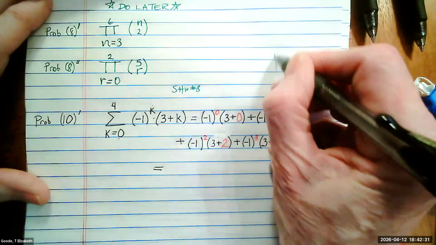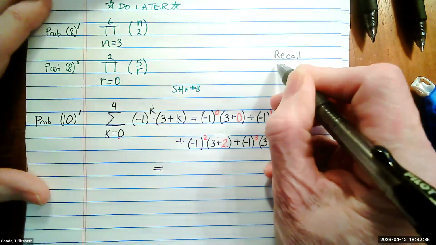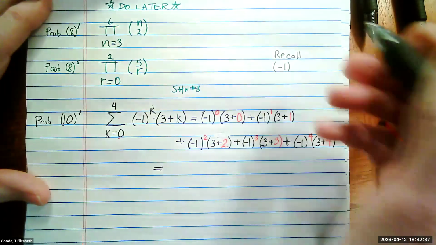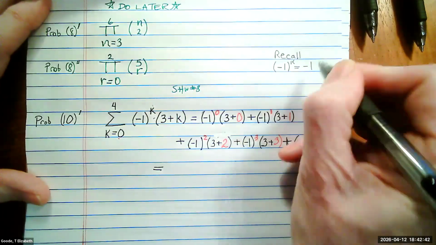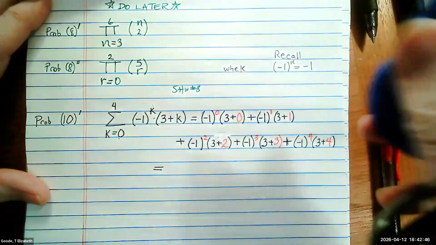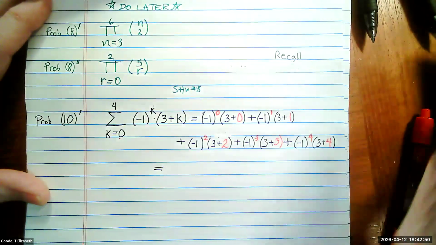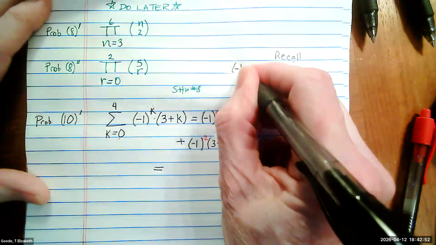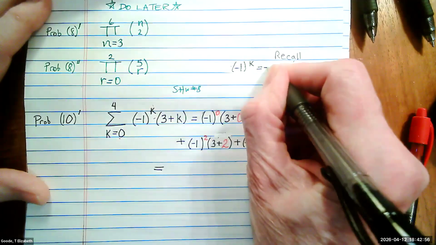One of the things that you need to recall is that -1 to the k is equal to -1 when k is odd. Whenever k is odd, then -1 raised to the k is just -1.